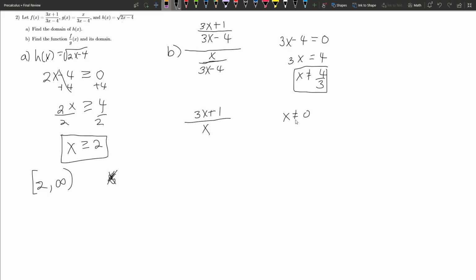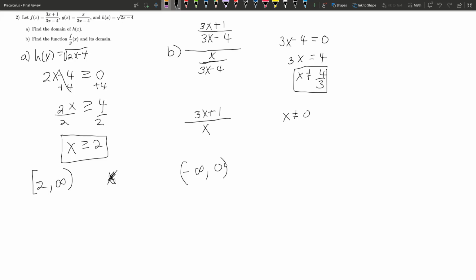x could be anything else but these two numbers. Those are the only two things that would give us some type of error if we were to do anything with this. So let's write that in set notation. So 0 comes before 4 over 3 because 4 over 3 is 1 point something. So I'm just going to think about the number line. And x could be any number from negative infinity all the way up to 0, but not including 0, right?